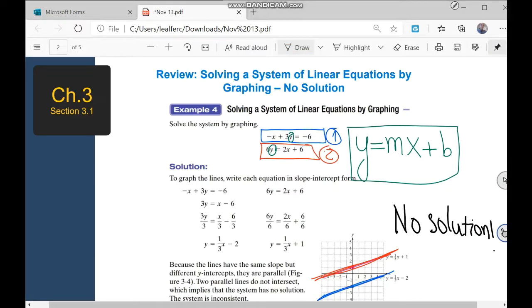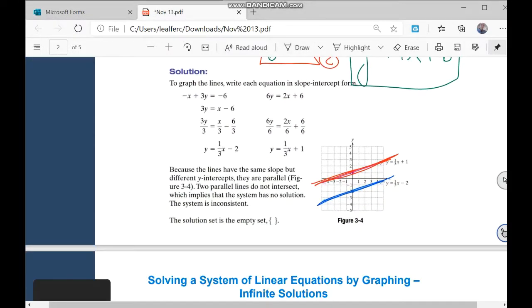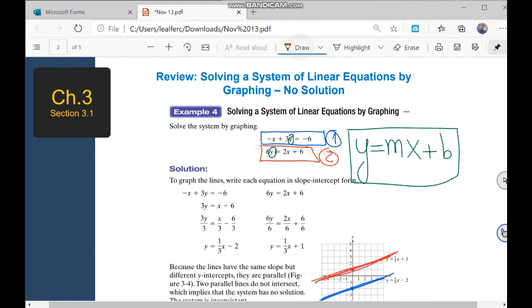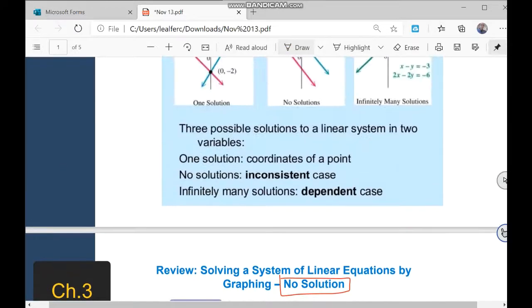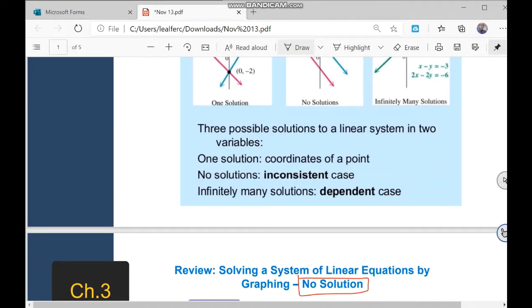Today we will work on another kind of problem, and this is a kind of problem that has no solution, right? Remember, this is the inconsistent system case.